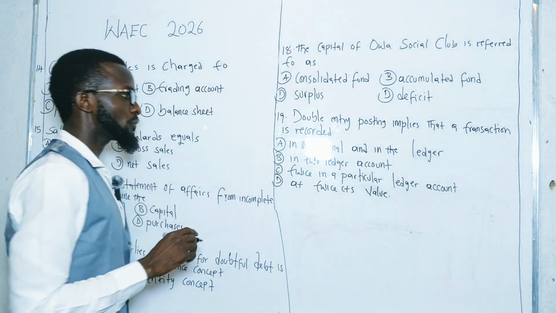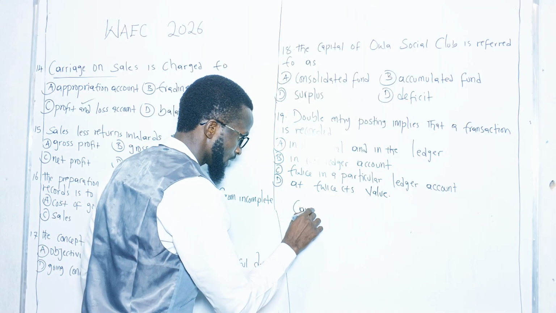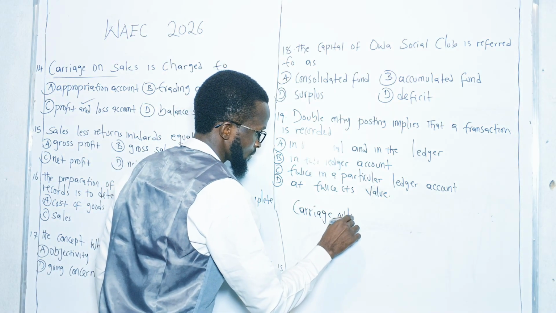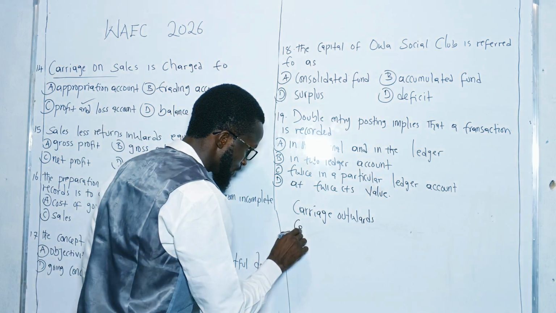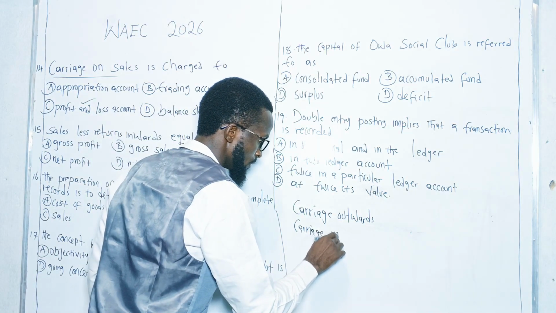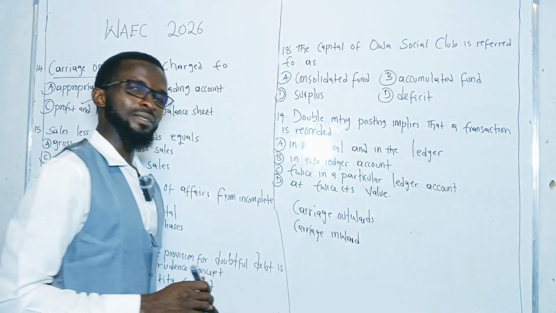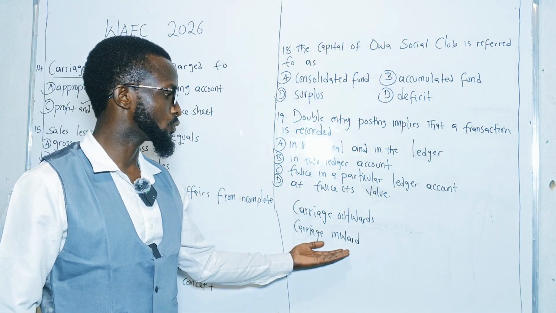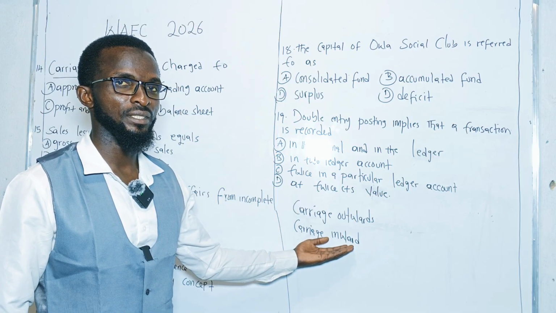But don't confuse yourself between carriage outwards and carriage inwards. Carriage inwards is the money you paid for bringing the goods to your shop. It is charged in the trading account.